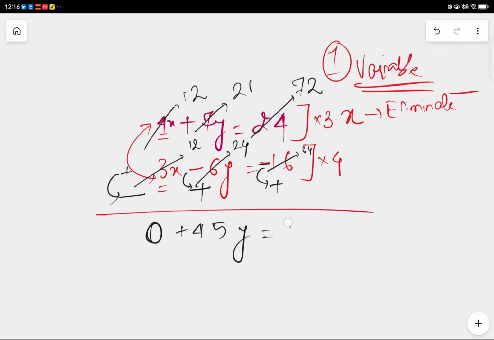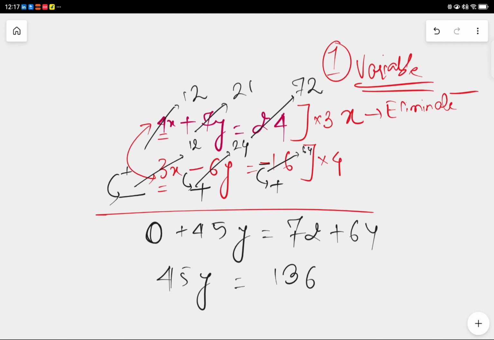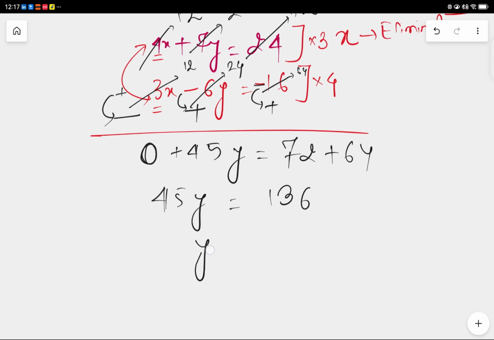And here you have 72 plus 64, addition. So 45y equal to 136. Hence the y value comes out to be 136 by 45, 3.0 2 4.